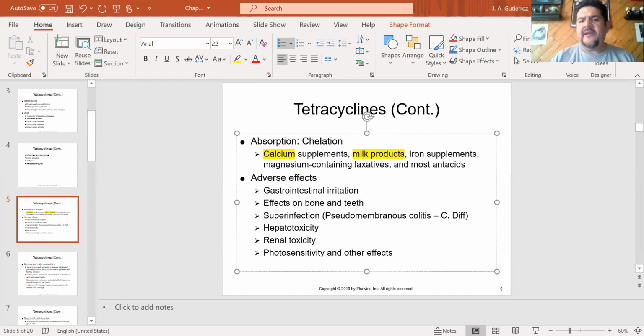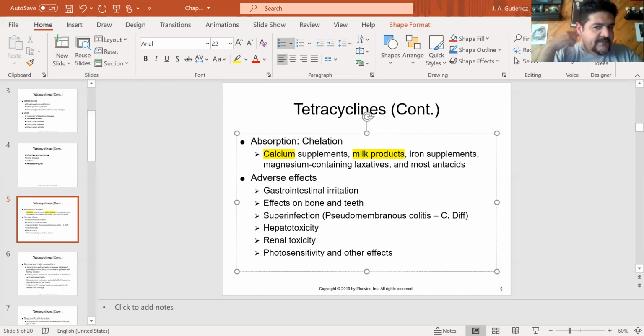Probably a few of you already had that experience, if you've already been on the field as an LVN or CNA. So it's a very smelly diarrhea. C. diff is the cause of it. And if it happens, we need to suspend the antibiotic that produced the superinfection. After that, it's treated with metronidazole.